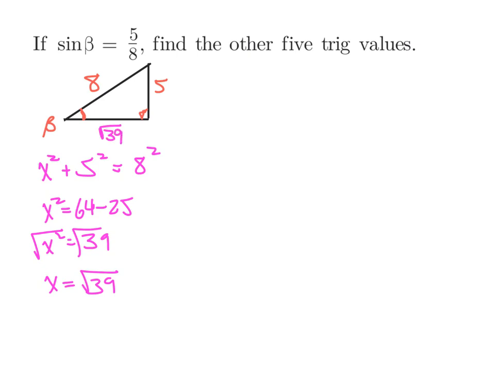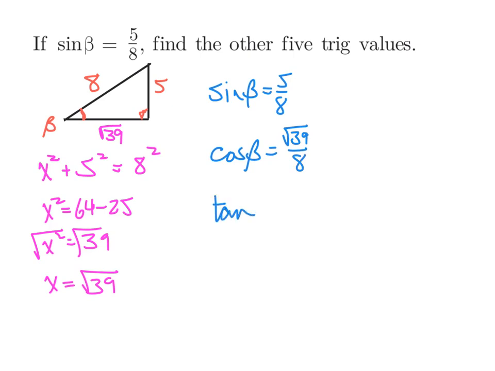Now we have the entire triangle that we can start dealing with. When we want to find all of the trig functions, I already know what sine is. Sine is what was given, 5/8. But for cosine, adjacent over hypotenuse, it's square root of 39 over 8. And tangent is opposite over adjacent, so 5 over the square root of 39.